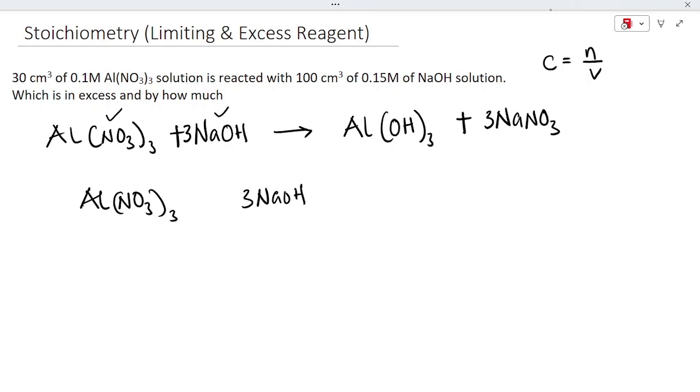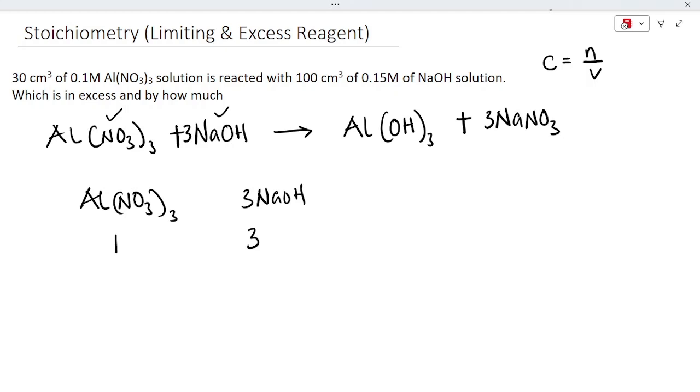Again, you remember, since you are dealing with concentration of liquids and the volume, we just easily solve with number of moles. So we just need their number of moles. For aluminum nitrate, it is just 1 over here, and for sodium hydroxide, it is 3 moles. So the next thing is, from the question we are given, we extract their number of moles.